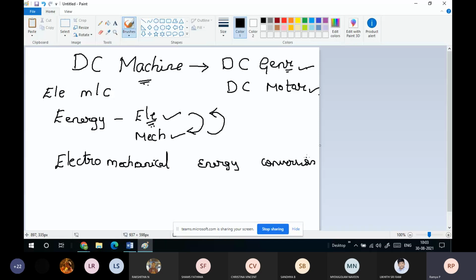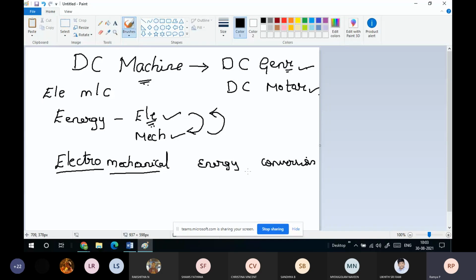Electro is electrical and mechanical is mechanical. Either it converts electrical to mechanical or mechanical to electrical, but energy conversion is taking place, hence it is said to be a machine.